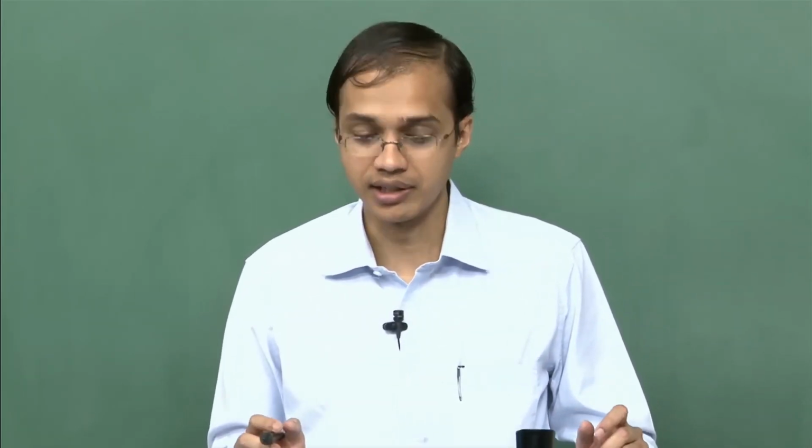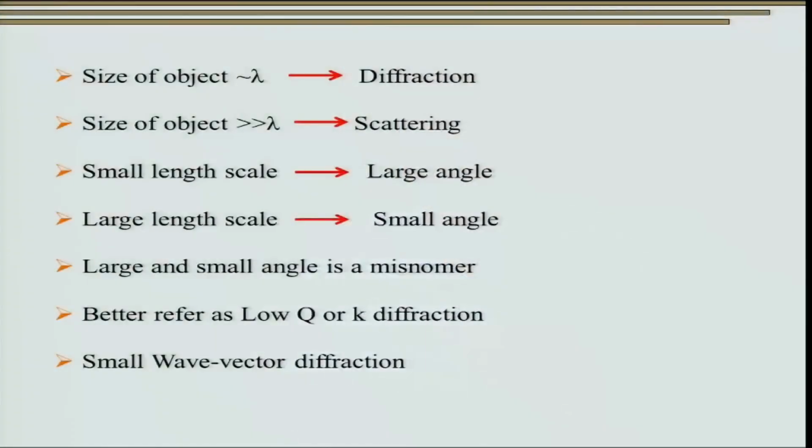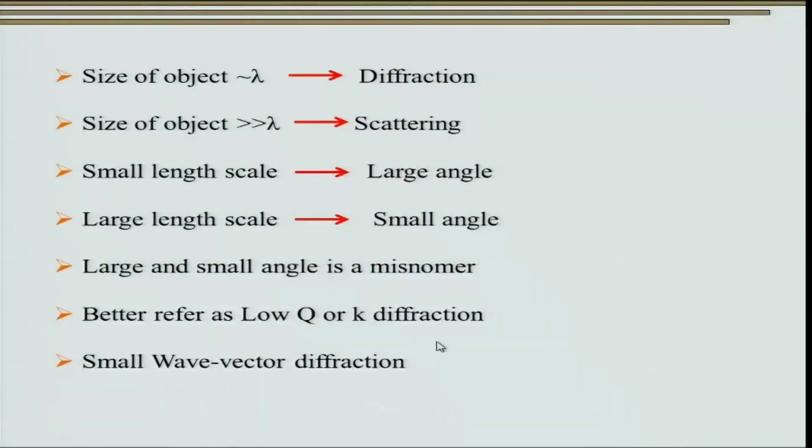Therefore, the correct term should be low Q or low K diffraction for what we term small angle scattering, and normal wide angle scattering can be referred to as high Q diffraction or scattering.